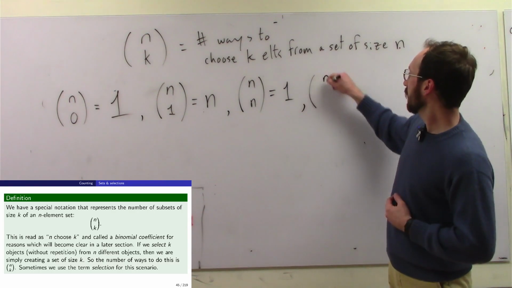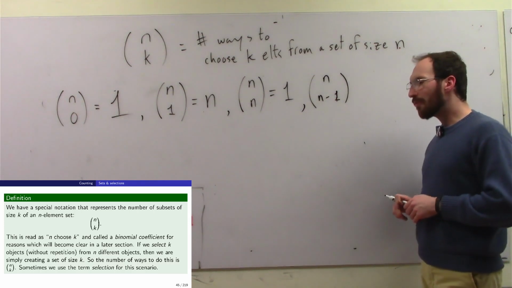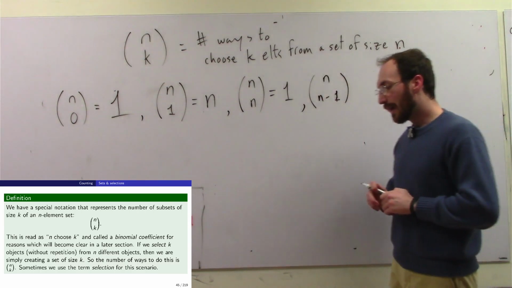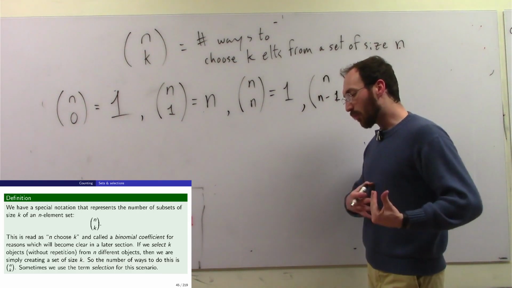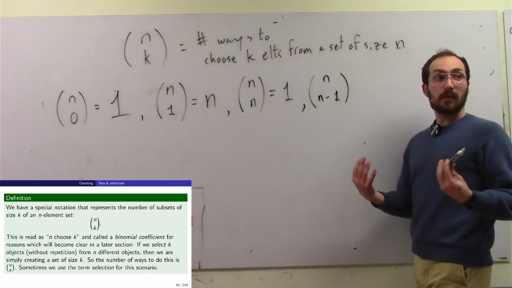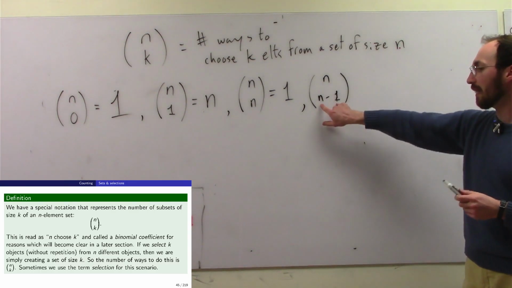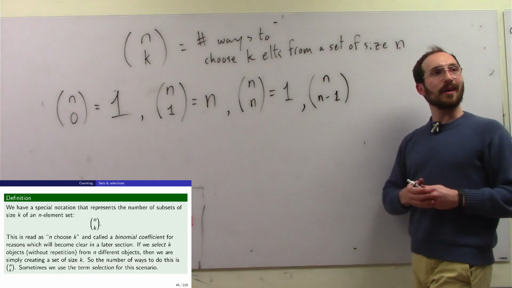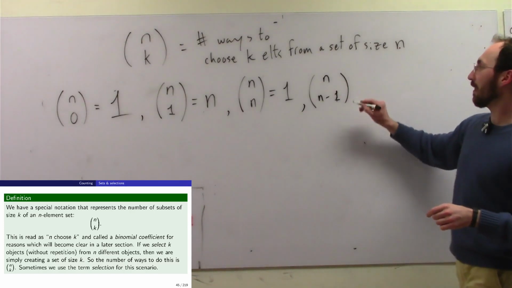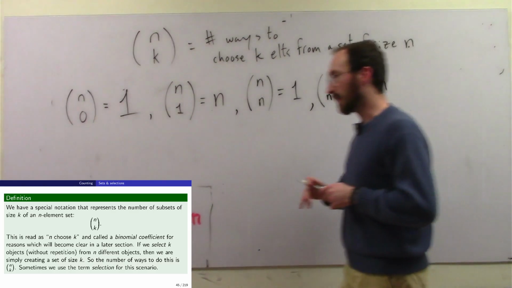And last, I think these are all good examples. If I choose everything but 1 element from my set, we can think about this, and this will be helpful soon, as: which element do I not include in my set? For any n-1 elements that we choose, we always exclude 1. There were n elements in our set, so there are n ways to exclude that element.